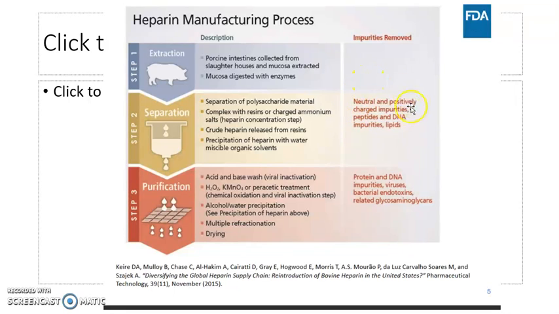What they removed were neutral and positively charged impurities, peptides, DNA impurities, and lipids, through this process of separation. This is not very important to know. This is just for the sake of knowing. This is taken from the FDA website, I think.